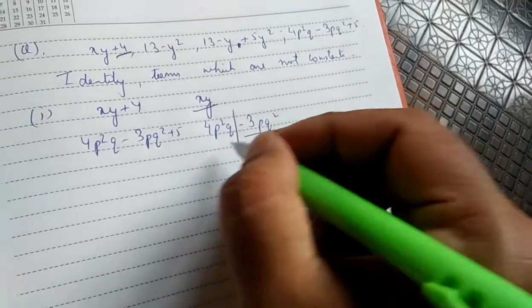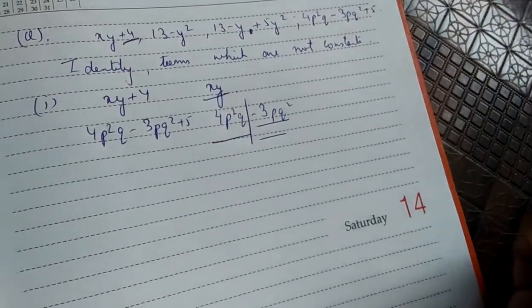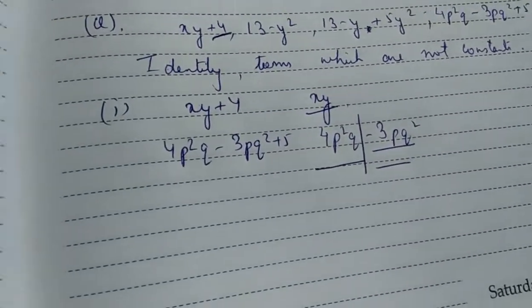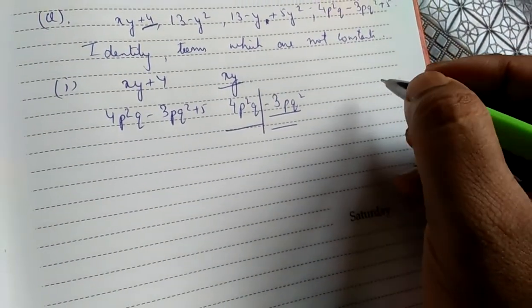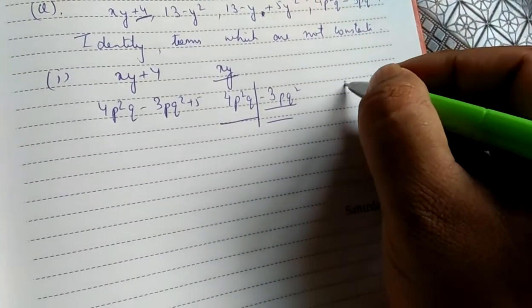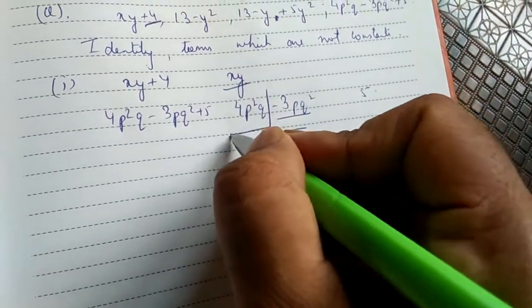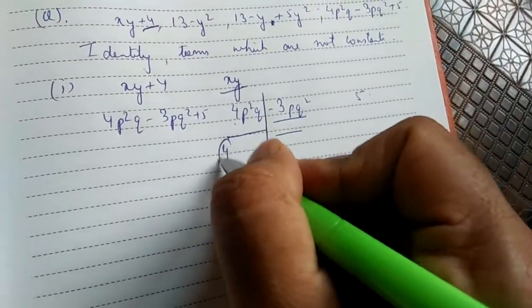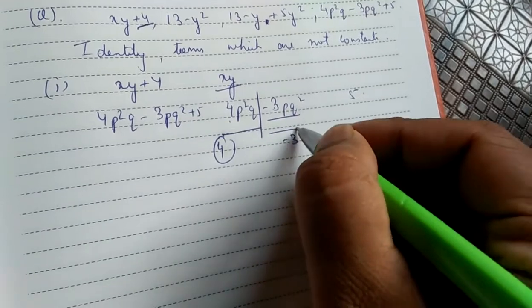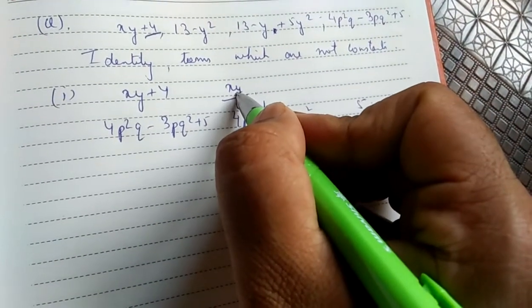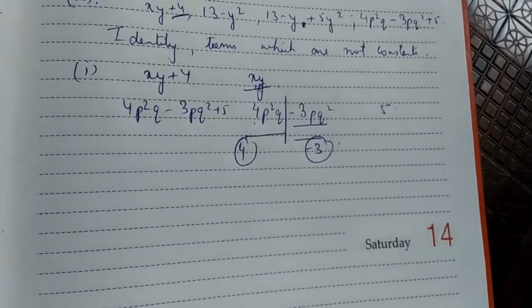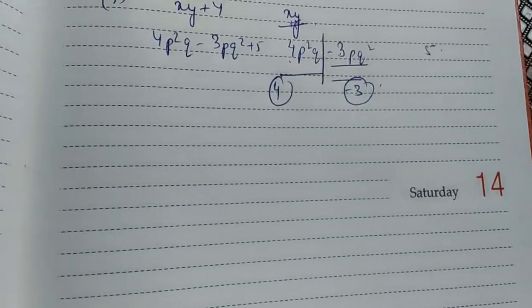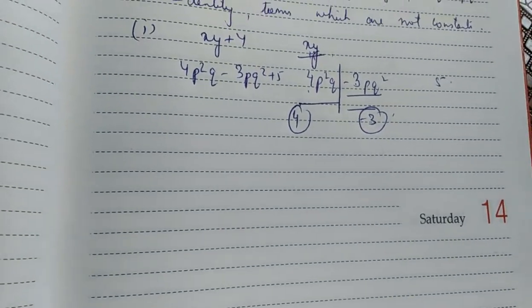These two terms are not constant, they are variable. The constant term here is 5. The coefficient of this term is 4. The coefficient of this term is minus 3. The coefficient of this term is 1, which we generally ignore. So you can solve the other two. It should be simple enough.